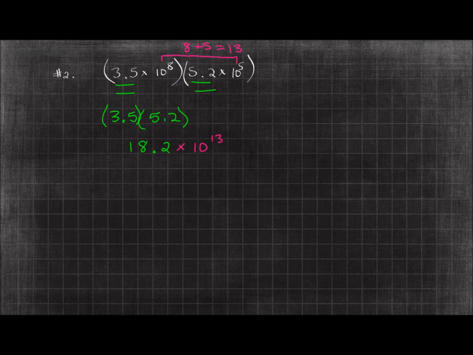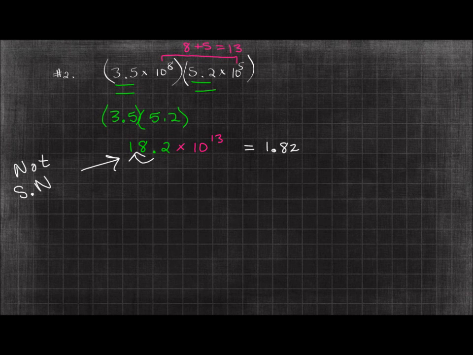Now, normally my students are going to want to stop, but this is not scientific notation, because I need to have one digit in front of my decimal. So I know I'm going to have a 1.82. And I know that I needed to move it one spot.